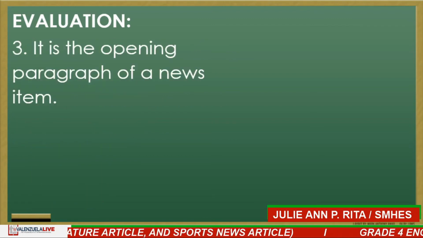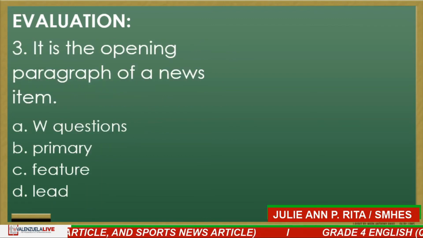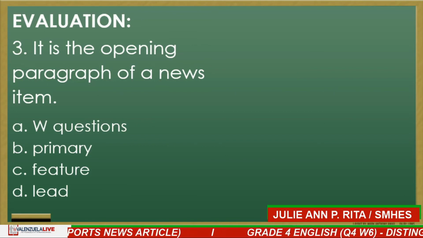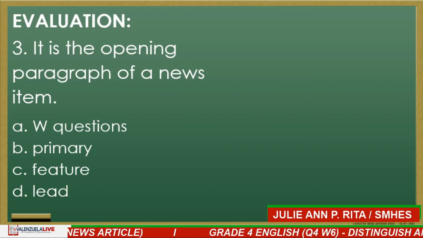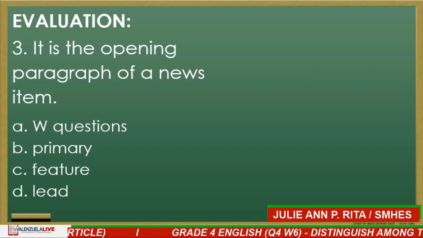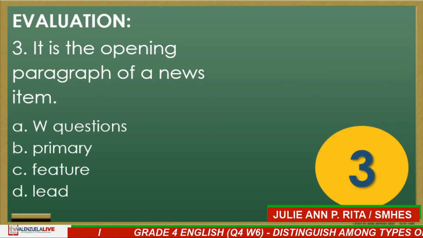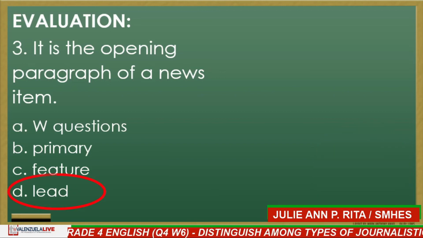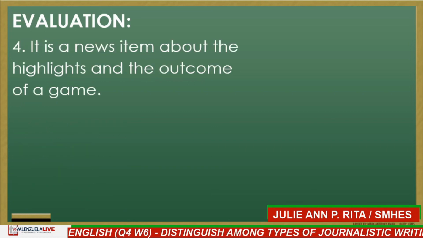For number 3, it is the opening paragraph of a news item. Is it A, W questions, B, primary, C, feature, or D, lead? Awesome! The answer is letter D, lead.